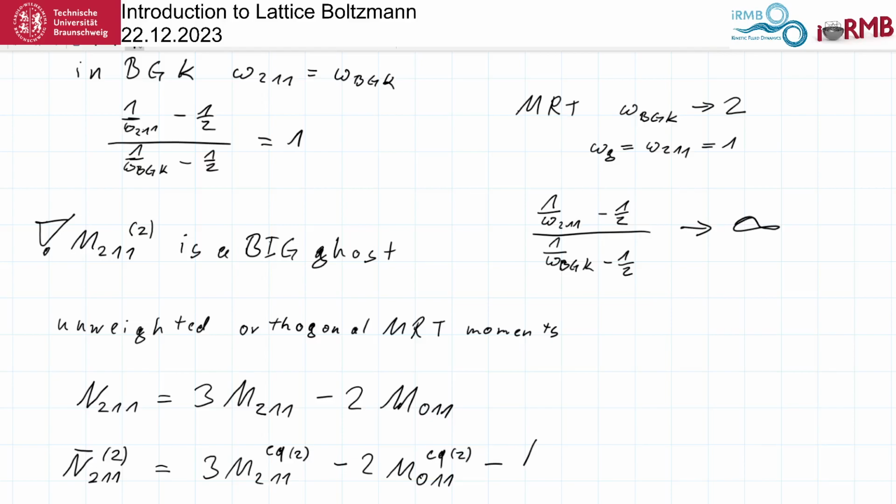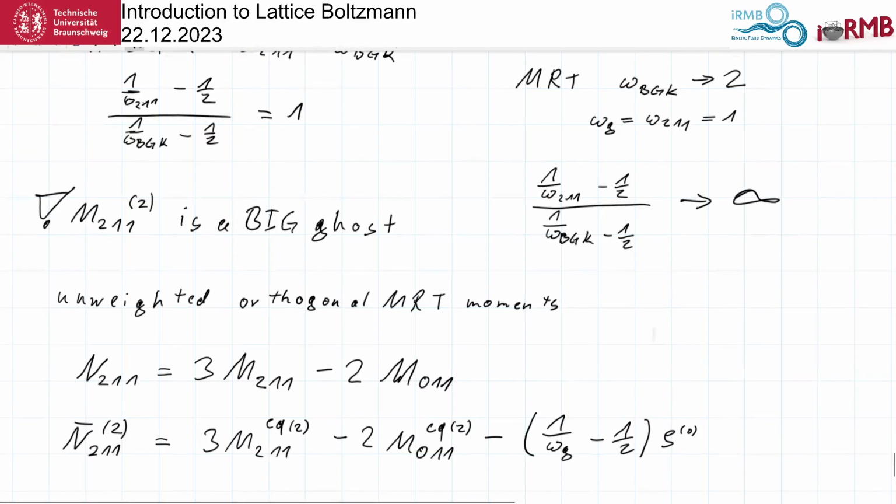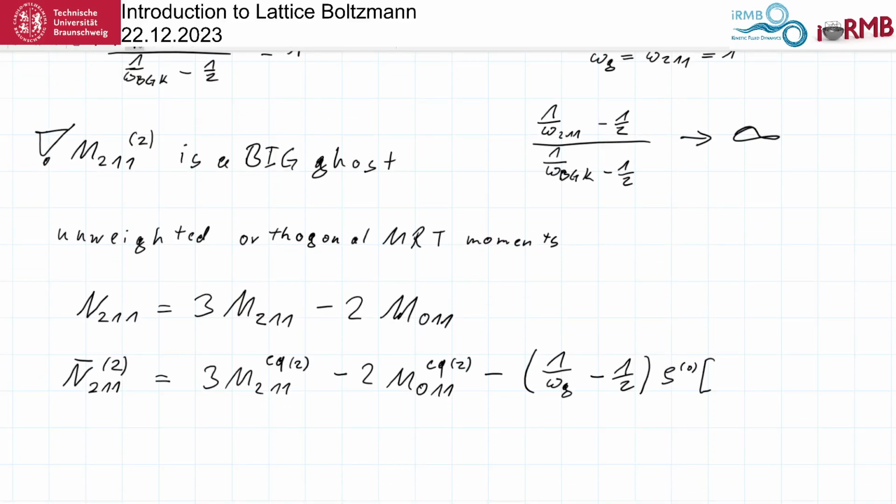Now we relax this with our ghost rate, 1/ω_g minus 1/2, there's a rho 0. If we put everything into it, and hopefully I've done this correctly, then we get here (3θ² − 2θ) times ∂_y u_z first order plus ∂_z u_y first order. And what we see is they are not disappearing.